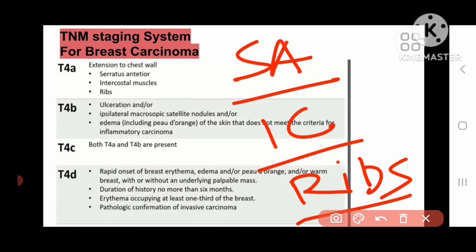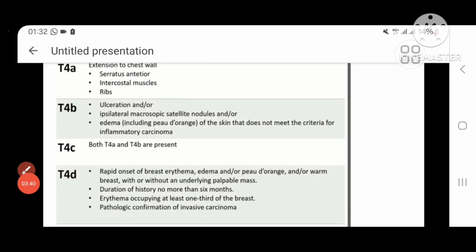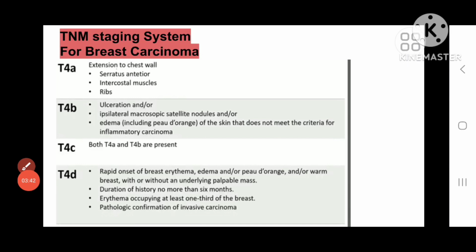Remember this. T4b means skin ulceration, or ipsilateral macroscopic satellite nodules, or edema, that is peau d'orange, that does not meet the criteria for inflammatory carcinoma.